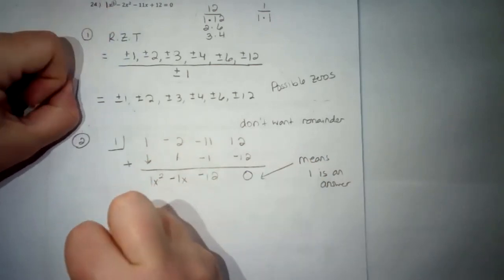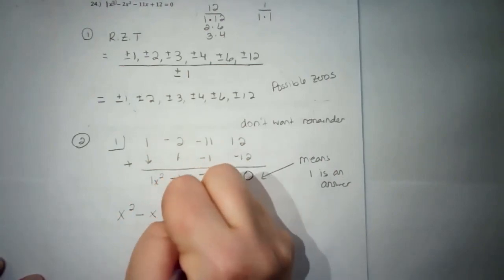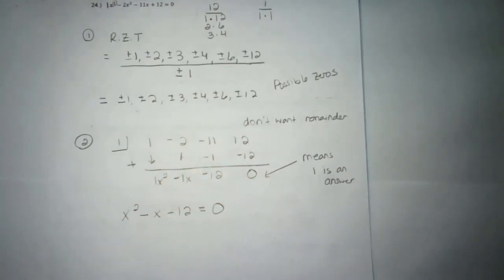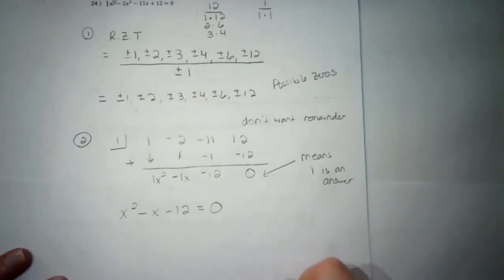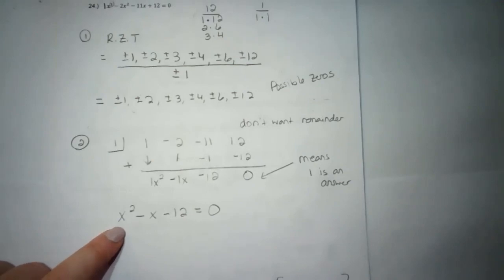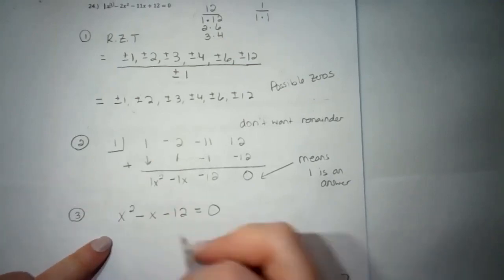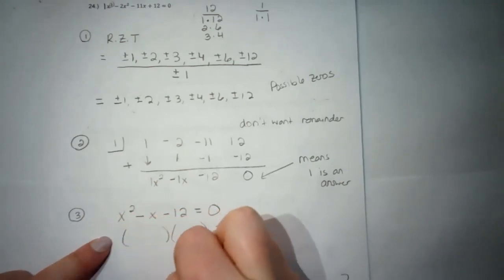So our new poly is x squared minus x minus 12 equals 0. I'm going to write my little answer bracket down here. We want 3 answers, and 1 is already one of them, so we can throw it in there.